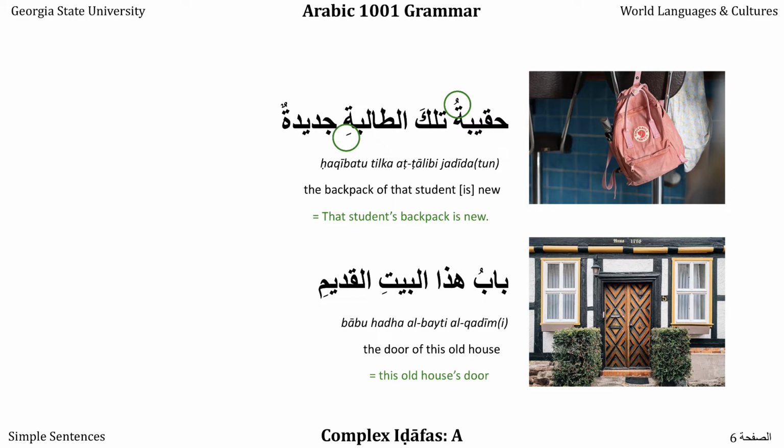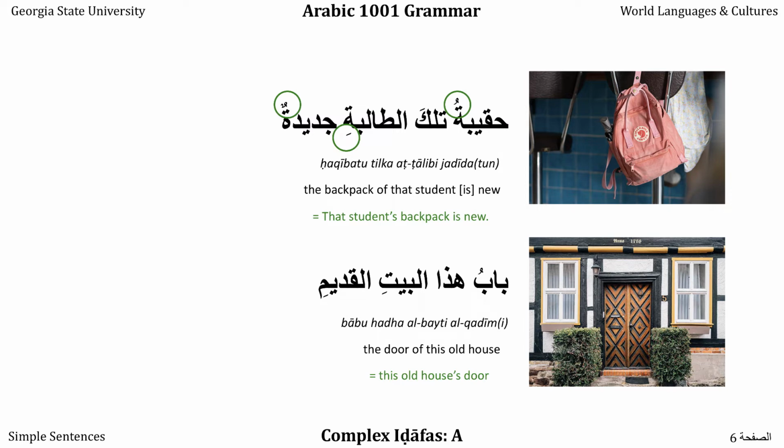At-taliba gets a single kasra, because as a non-first word in an idafa, it is in the majrur case, and it is definite because of alif lam, so we get a single kasra. Jadida gets the tanween ad-damma because it is indefinite, and also because it is the predicate of the sentence, and therefore also by default in the marfu' case.